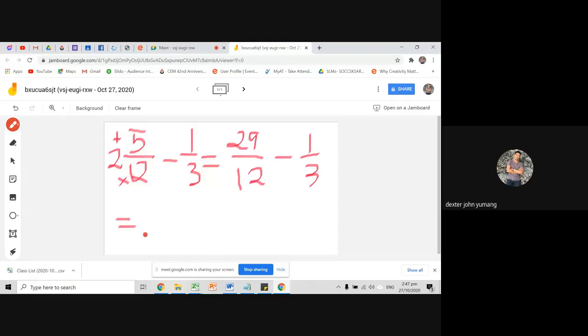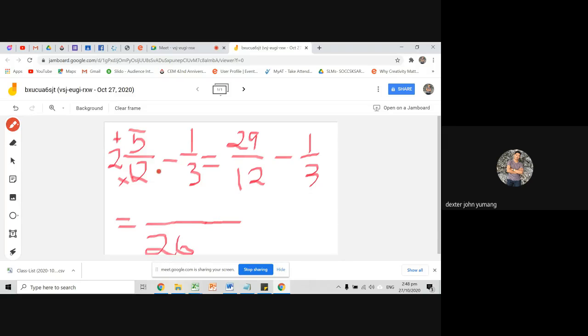Next. So, 12 times 3, that is 36. Sa 36 po, divided by 12, ilan po ang meron? 36 divided by 12 is 3. 3 times 29. 29 times 3. 57.